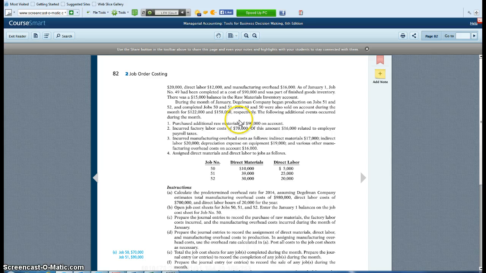With job number 51, we show that there were 39,000 in direct materials and 25,000 in direct labor.